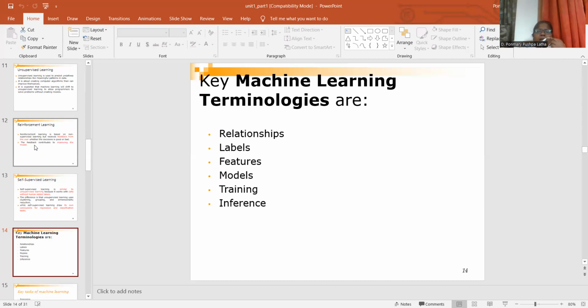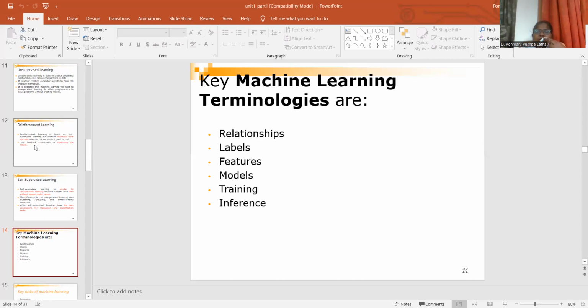So training and inference. Training is nothing but the data we have collected, from which you say this is what happens. Okay, that is the training data. Inference means, once I said July we will get rain, then in July 2023 we have to experience the rain.